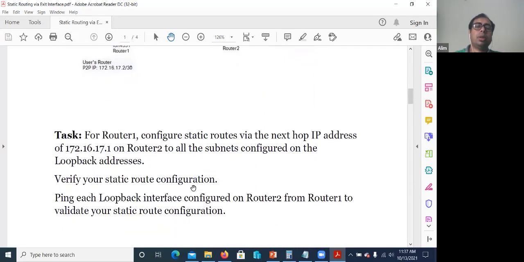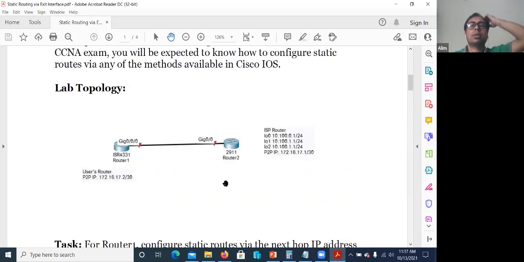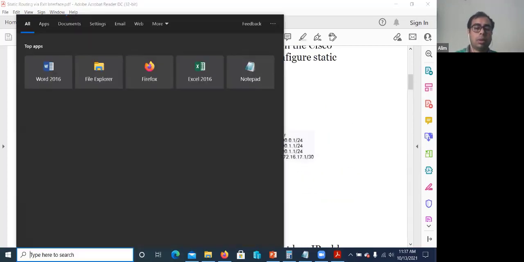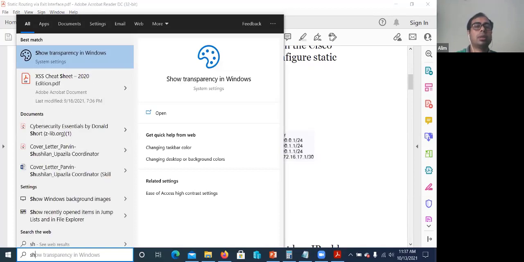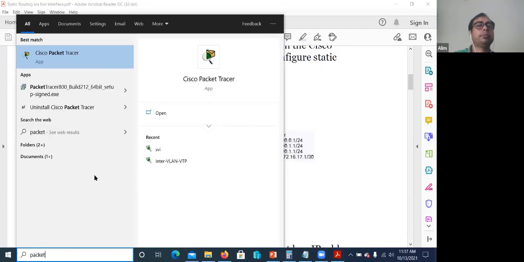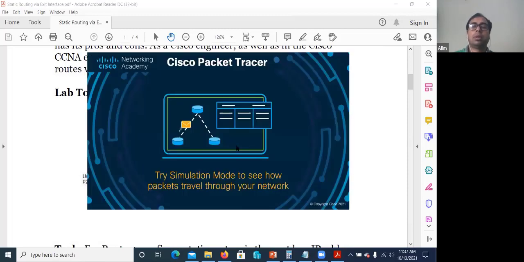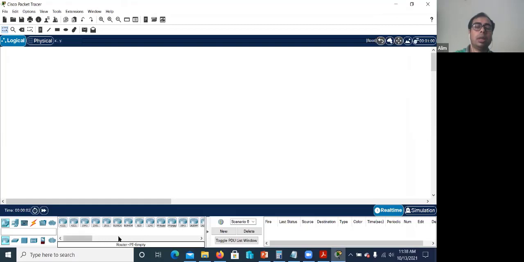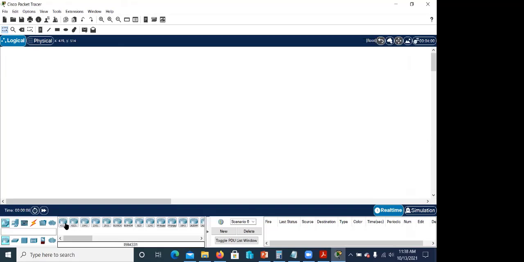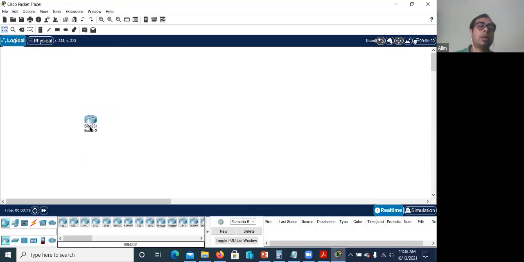Let me show one configuration here. I'm just showing one, and the other configuration will just be described. Can you see the Packet Tracer? Yes, sir. It is our router.